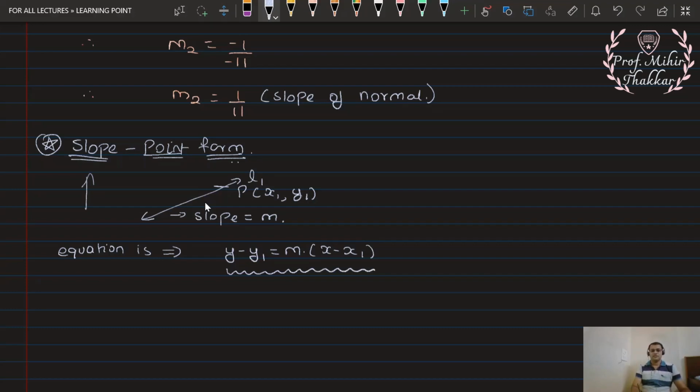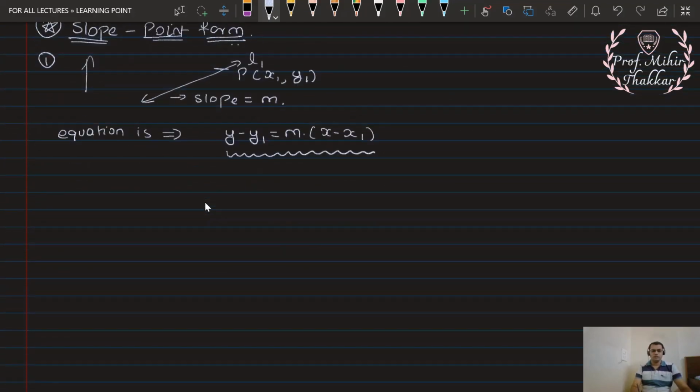Other than this, the other equation of a line that you had studied was the slope intercept form.